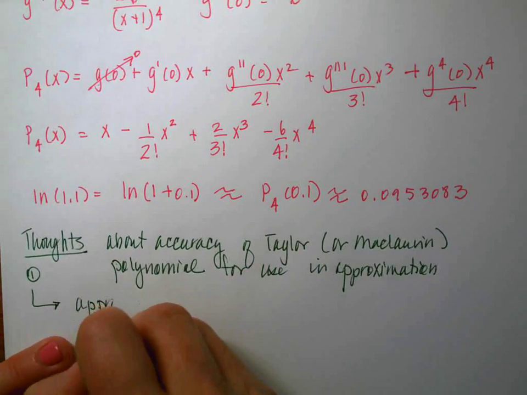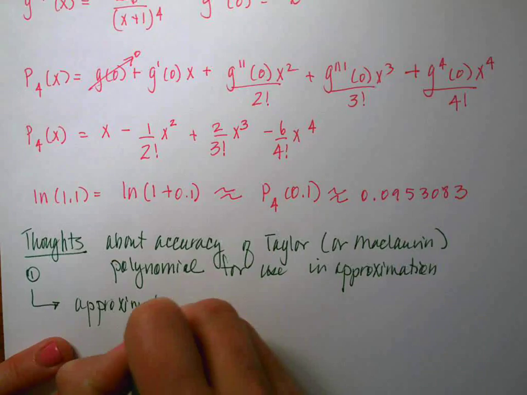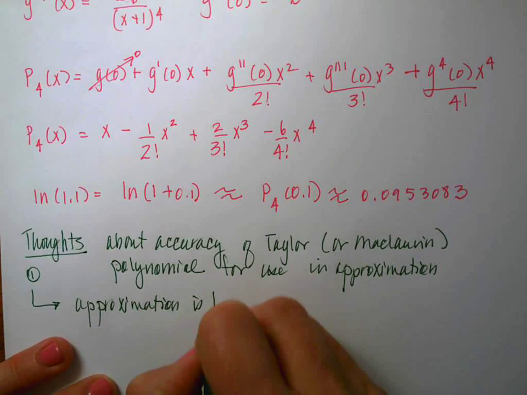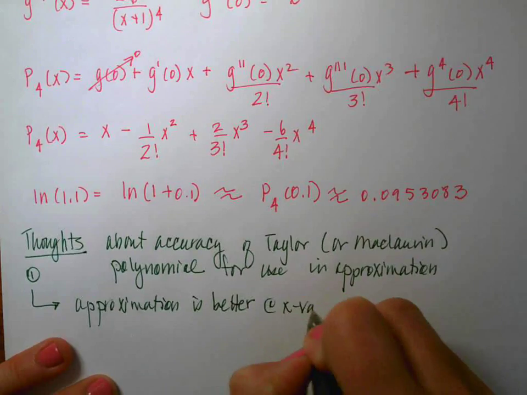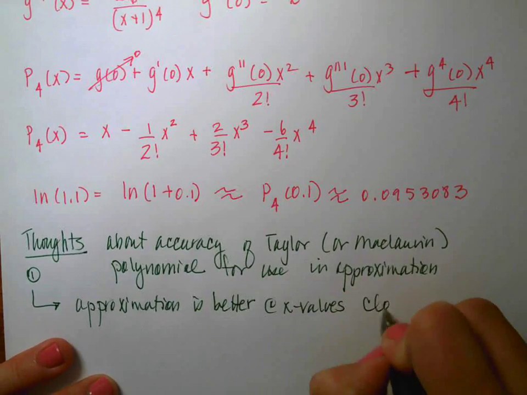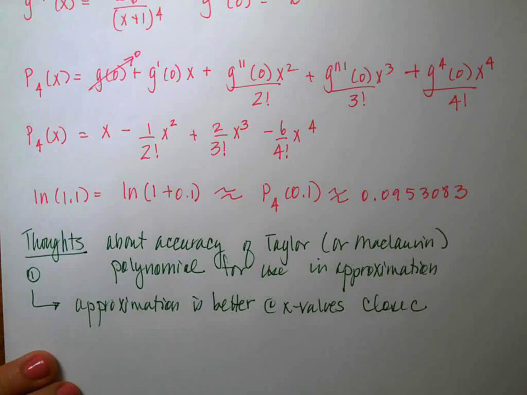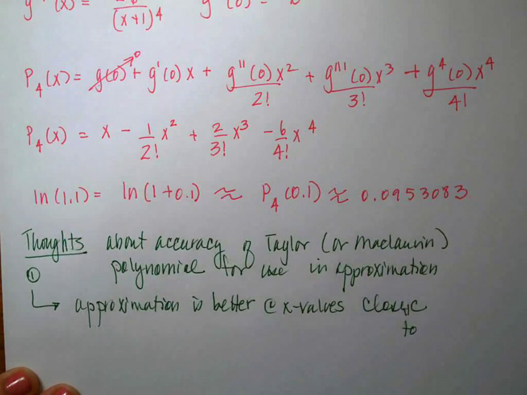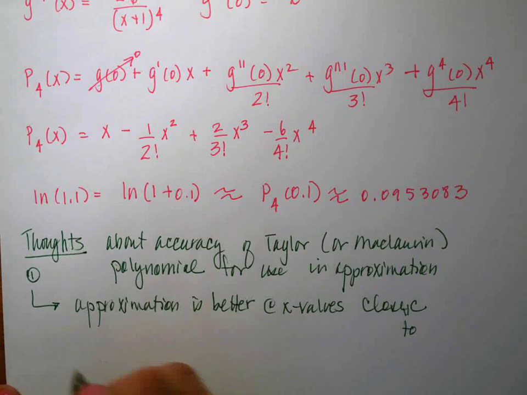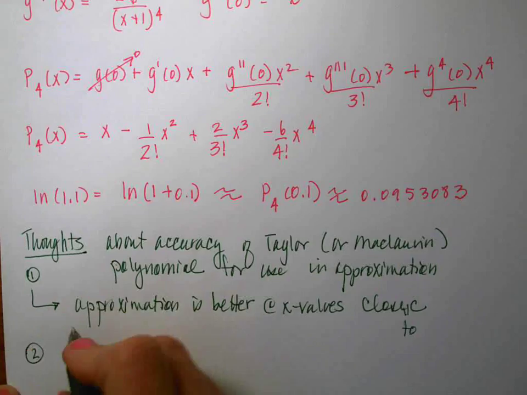So the first general thought is that the approximation is better or more accurate at x values that are close to c, because the further I get away from c, the less accurate my approximation becomes.